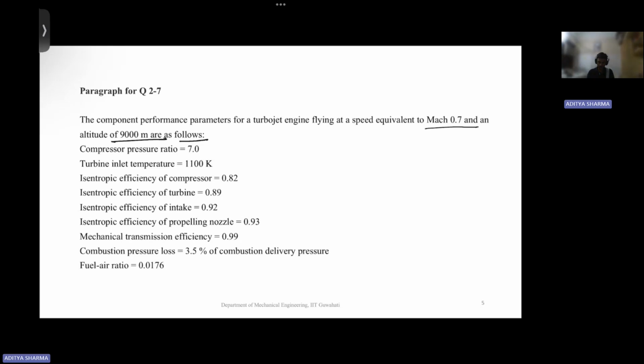Component performance parameters, so components like turbine, compressor, intake, nozzle.